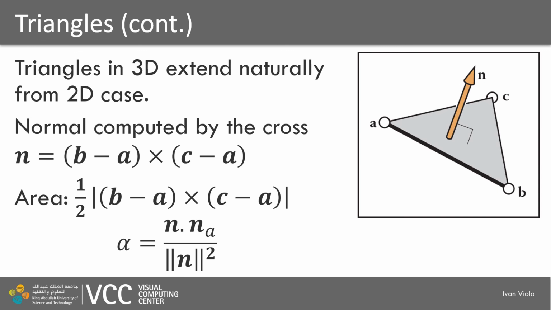We can optimize it a little bit and calculate a fraction between 2 areas, the area of the smaller triangle, which is defined by the point, let's say, PBC, and the area of the entire triangle, which is defined by the cross product involving A, B, and C points and the respective vectors spanned between these 3 points.